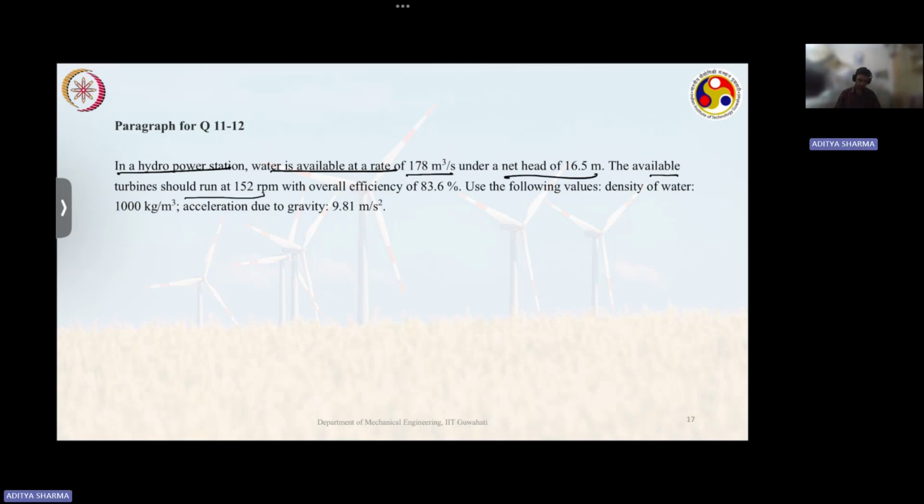The turbine should run at this speed, and its efficiency is this. Use the density of water as this and the acceleration due to gravity as this.